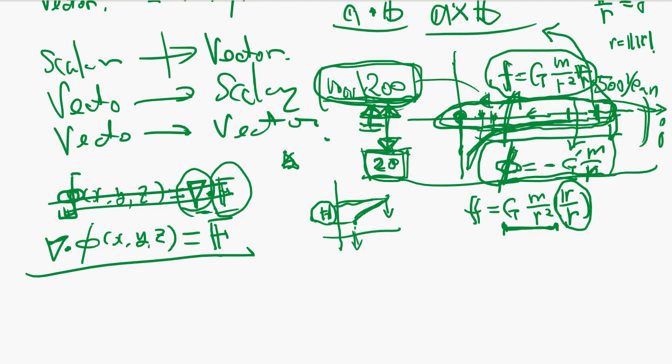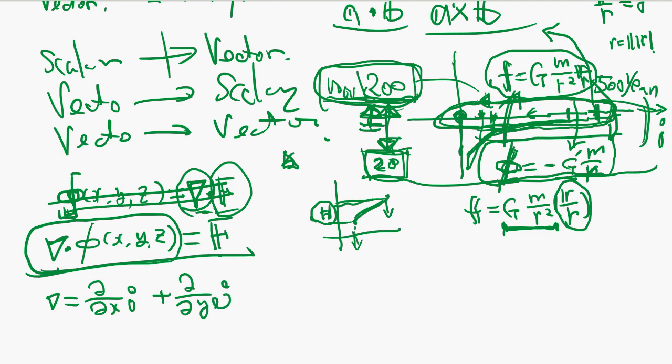So this is a vector. It should have I, J, K, right? So what we do is we define this as a mathematical operand. Well, you can use cylindrical coordinates. Other coordinates are possible, but with x, y, z, they become this operand.